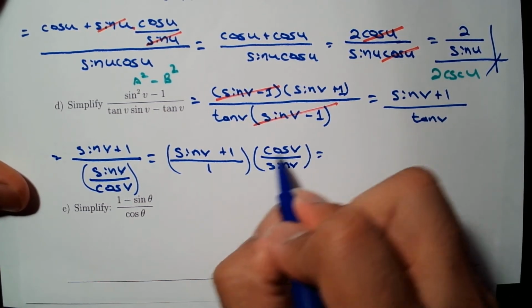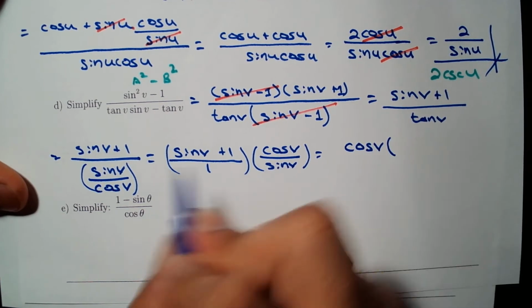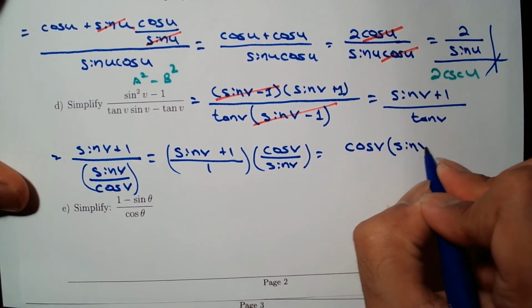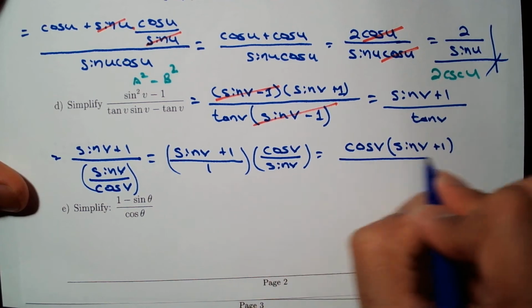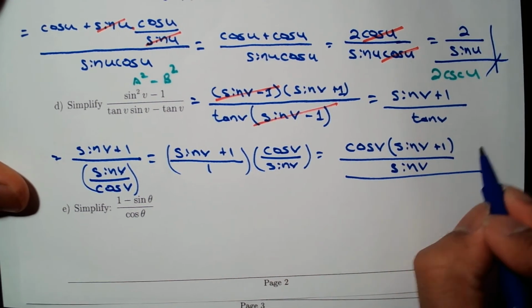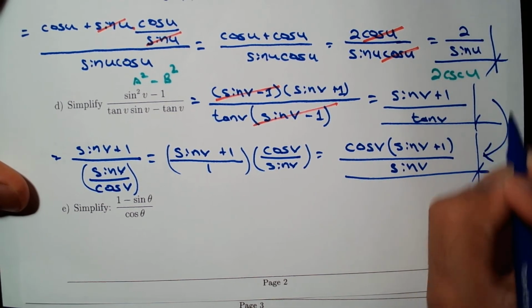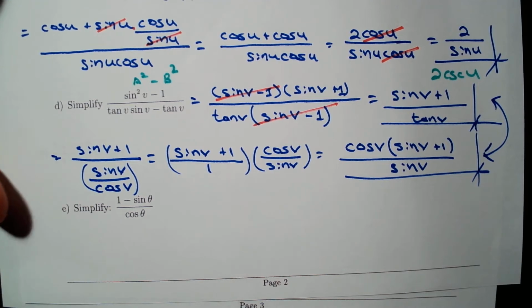I'm not going to distribute this. I'm just going to write cosine v times sine v plus 1, divided by sine v. So either way, they're good, depending on the need.